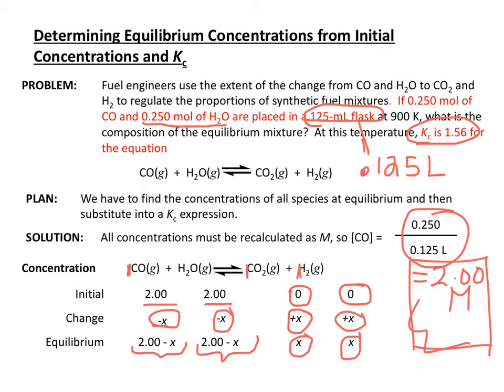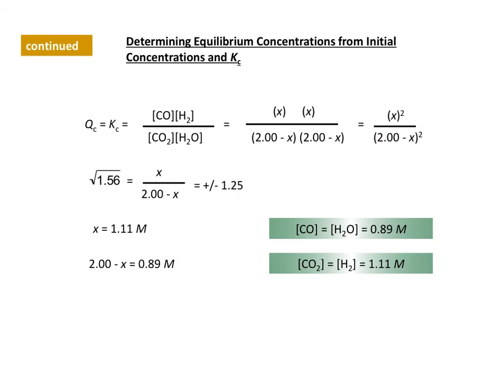The next step is to write the equilibrium constant expression. So we have Kc, products over reactants, and all the coefficients were 1. We take what we have at equilibrium from our ice chart. Remember that was called an ice chart.